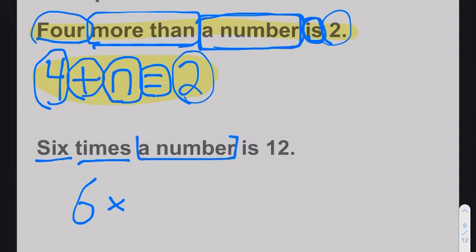Now we don't know what that number is, so we're going to put a variable. Let's choose the letter T. 6 times T is, and a good symbol to use for is the equal sign. And for 12, we put 12.